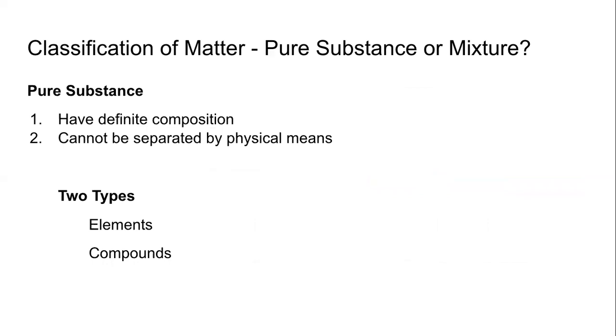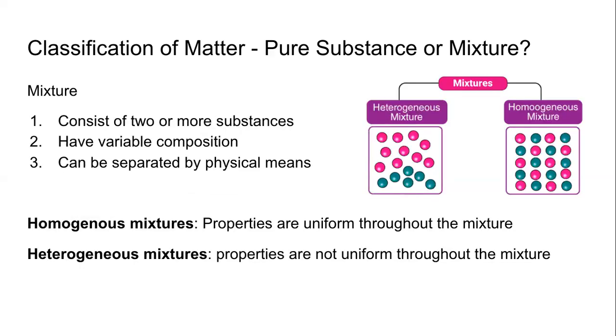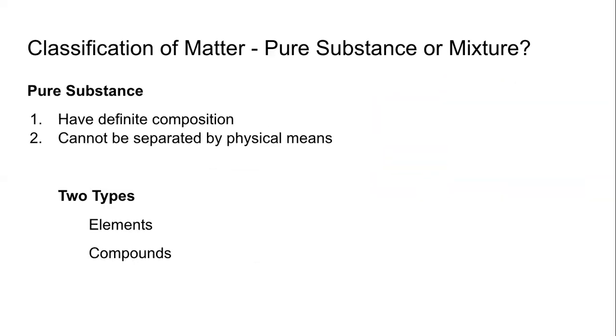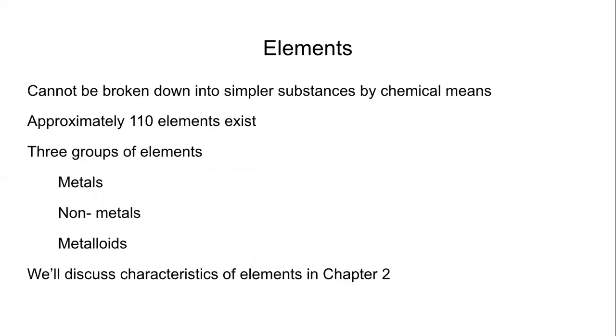Now that we've talked about a mixture, what exactly is a pure substance? So pure substances have a definite composition, and pure substances cannot be separated by physical means. And there are two types that we'll explore in this class, which are elements and compounds. Elements cannot be broken down into simpler substances by chemical means.